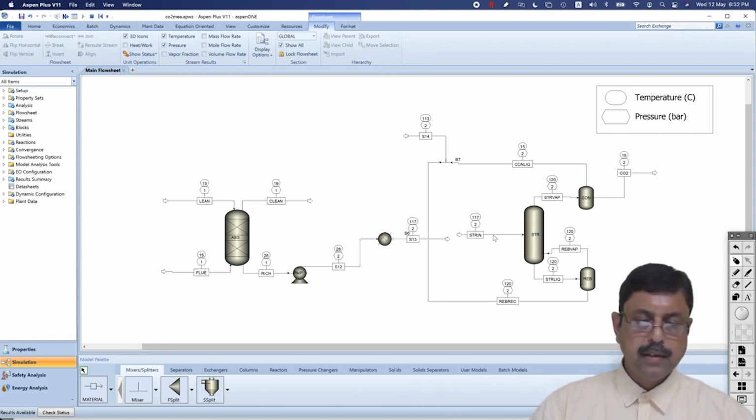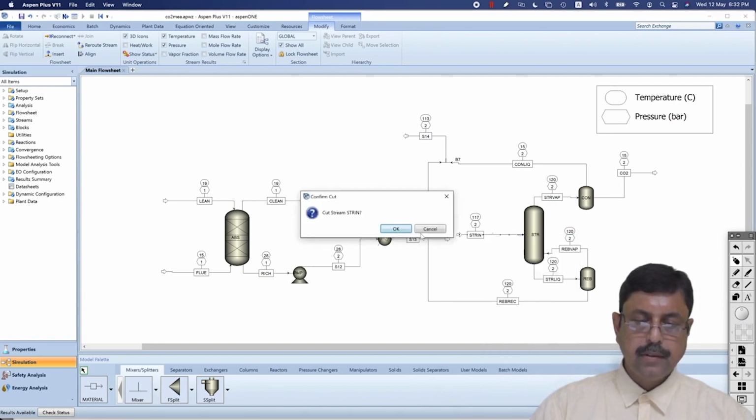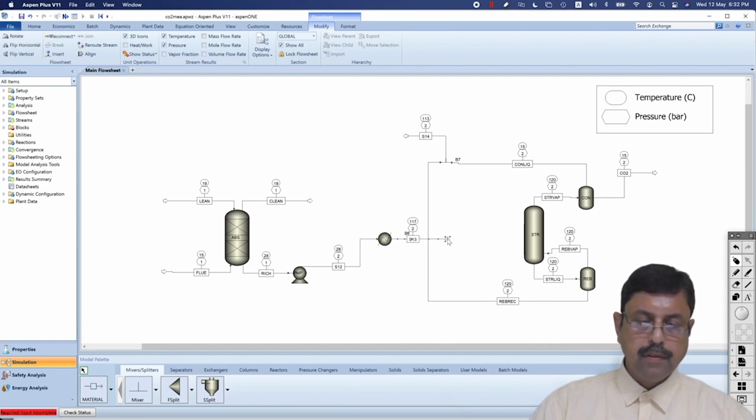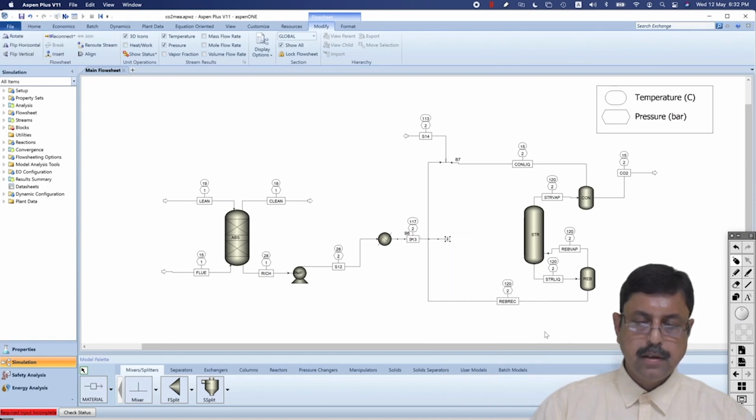So for that, let us cut this and reconnect this one to STR. And now we can safely rename it as STR in.